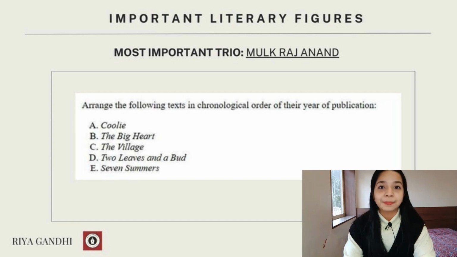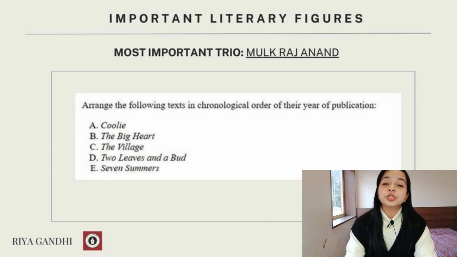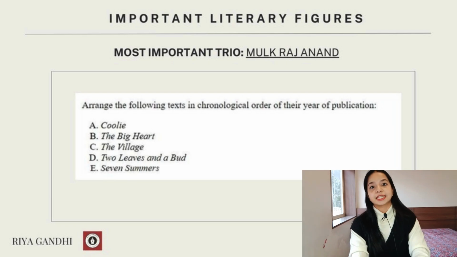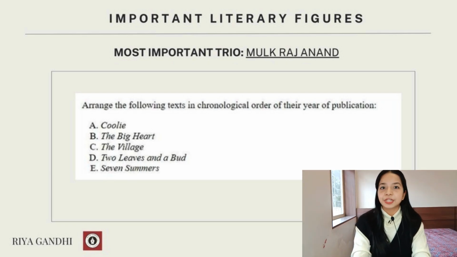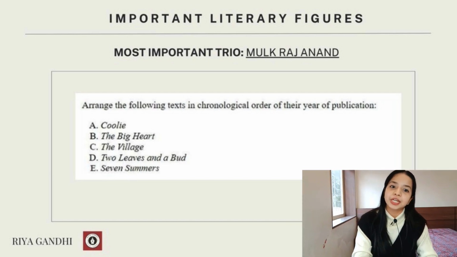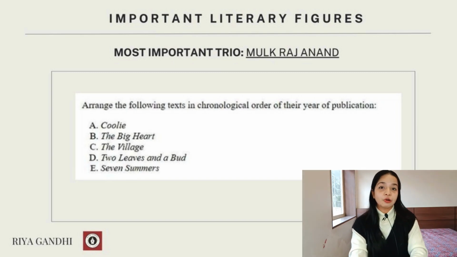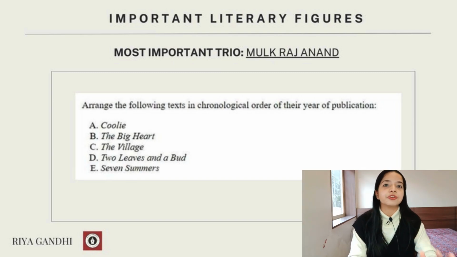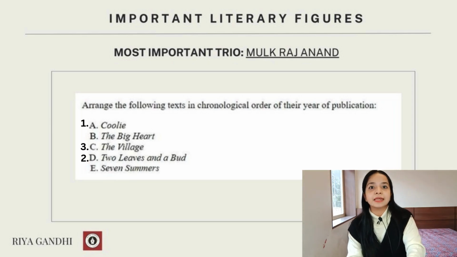So, Coolie was published in 1930. Two Leaves and a Bud was published in 1937. The Village was published in 1939. The Big Heart was published in 1945. And Seven Summers was published in 1951. So if you look at the chronology, the correct chronology will be A, D, C, B, E.